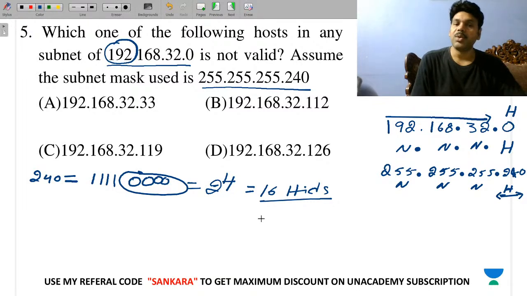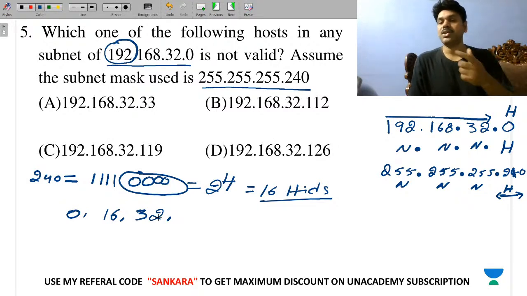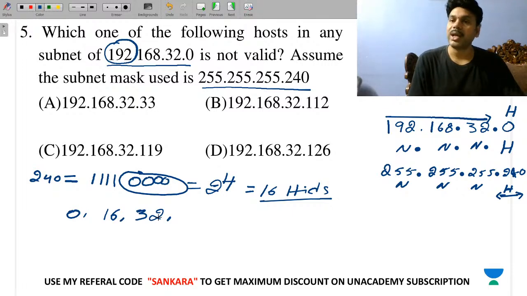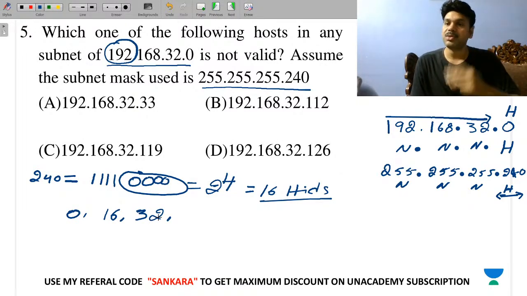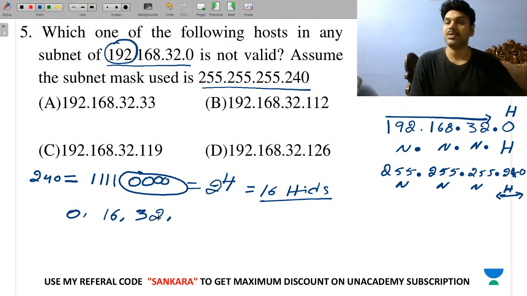So I'm going to write a few subnets here. 0 is one subnet, 16 is one subnet, 32 is one subnet. There are other shortcuts also, all zeros, all ones. So what are your subnet IDs and what are your subnet broadcast addresses? Otherwise, the first IP address, the last 4 bits supposed to be zeros. That is the meaning of subnet ID. And the last 4 bits are supposed to be ones. That is the meaning of your subnet broadcast.